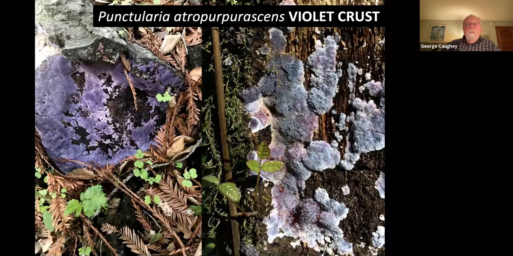Some people believe that in some cases it's to make themselves attractive to something that might eat them, because some mushrooms actually benefit from being eaten and having their spores pass through the digestive system of some animal who then wanders away, further away. In other cases, it may be the opposite. Their colors may be providing some kind of warning.